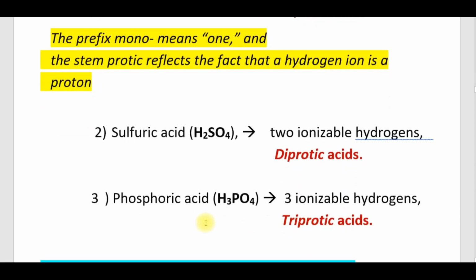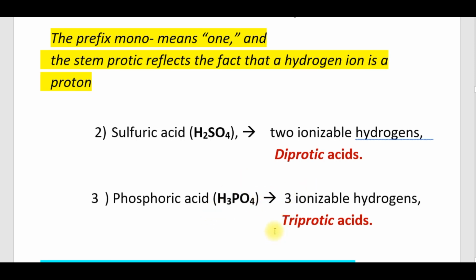In the case of phosphoric acid, represented as H3PO4, it consists of 3 ionizable hydrogens. That means it can ionize 3 hydrogens. The first ionization is H3PO4 giving H plus and H2PO4 minus.